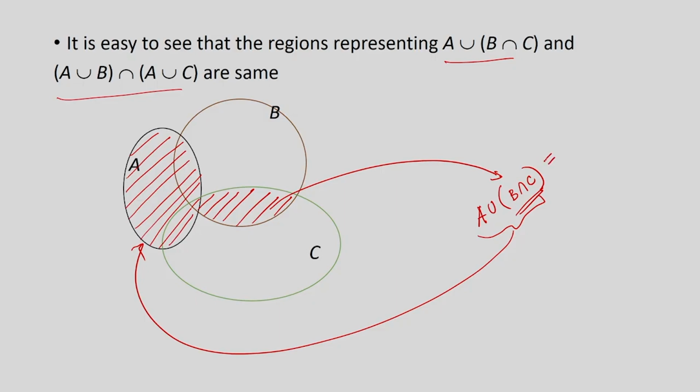Now, I have to prove that this shaded region that I have discovered on the left hand side is actually the shaded region that will be represented by the right hand side. So, on the right hand side, what do I have? I have A union B intersection A union C. Okay. So, let me see what is A union B. A union B is this entire set.